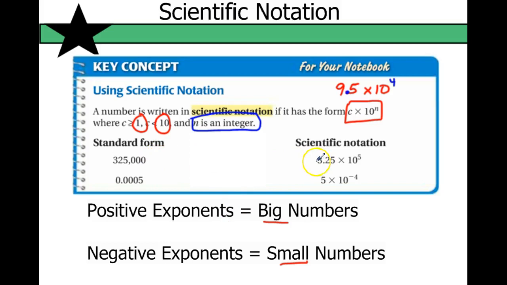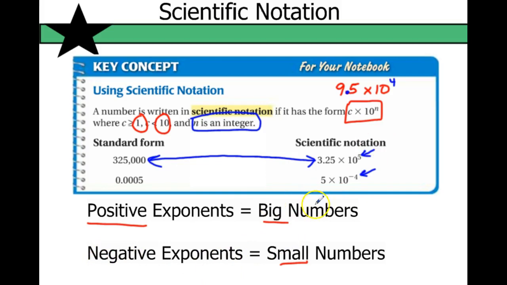So we're converting between scientific notation, and then the solved form is called standard form, just like we write normal numbers. We can move between either way here. We can go from standard form to scientific notation, or vice versa. Our exponents here are positive or negative. Now, if it's a positive number, it's going to be a really big number because you're multiplying by 10.